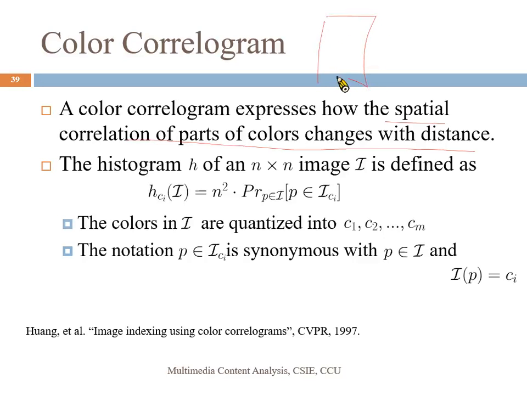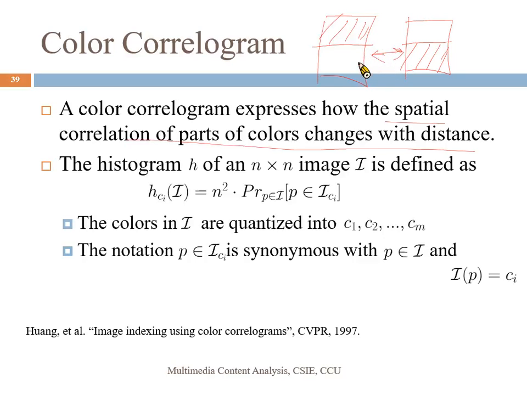For example, given an image where the first half is black and the second half is white, and another image where the first half is white and the second half is black, the color histograms of these two images are exactly the same, but for humans, these two images may be quite different.